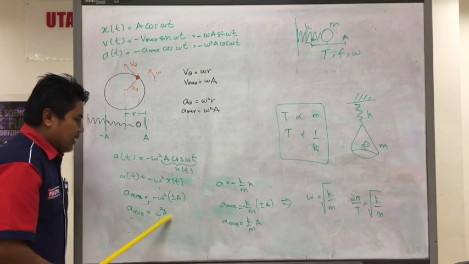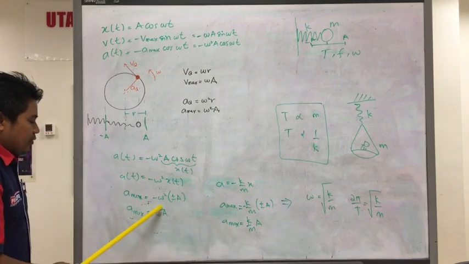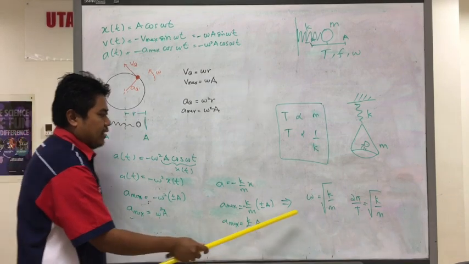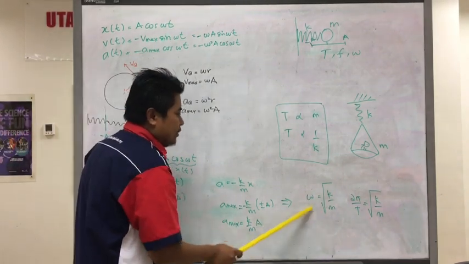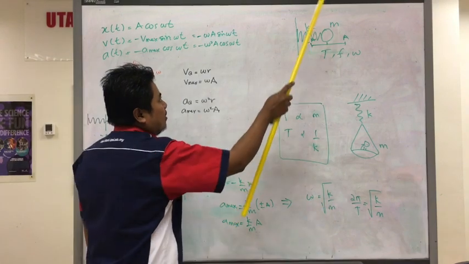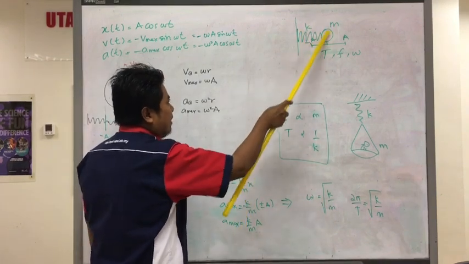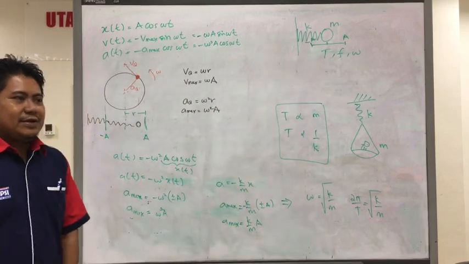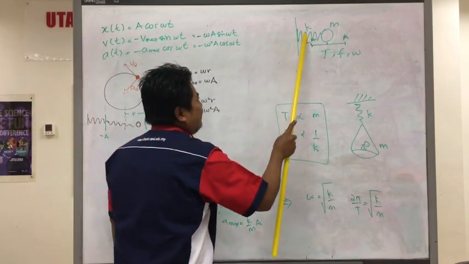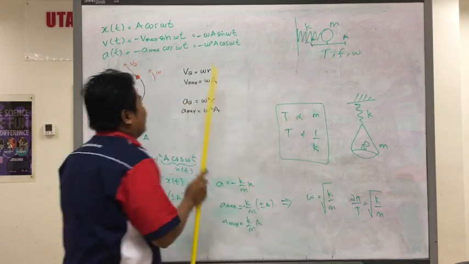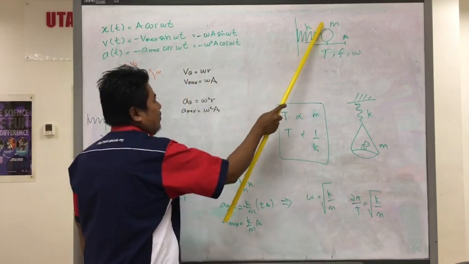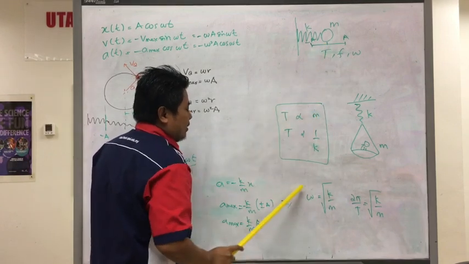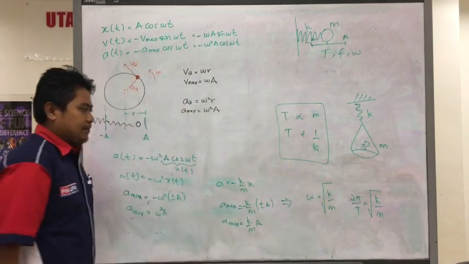From here we get that omega squared equals k over m. So this relation connects k, the spring constant, m, and these other quantities, because the earlier equations didn't relate to k and m, but now we have everything connected by this equation.